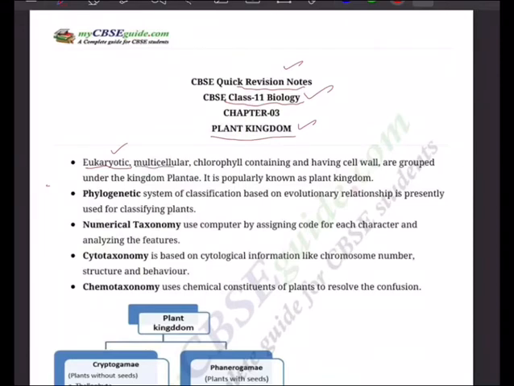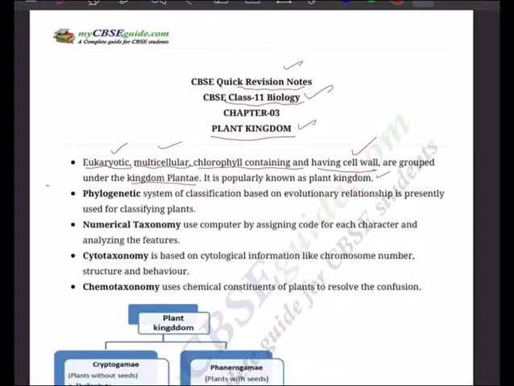Multicellular, tissue level, many cells, and chlorophyll containing, having green pigment, and of course being plants, cell wall as a criterion, cellulose. So these are grouped under division Plantae. It is popularly known as plant kingdom.